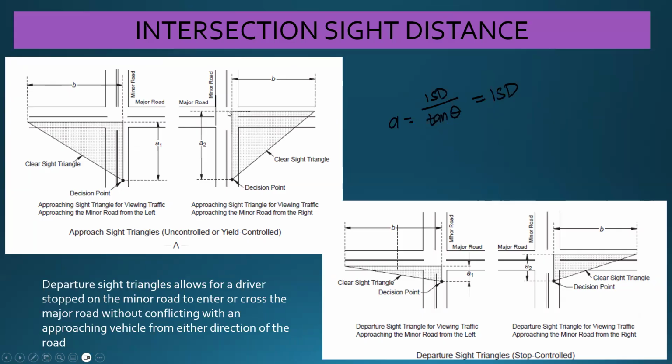Now, just take note that the measurement of A sub 2 or even B should be at the center of the lane. Okay? Same with here. Same with here.